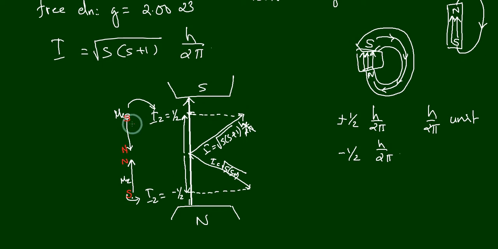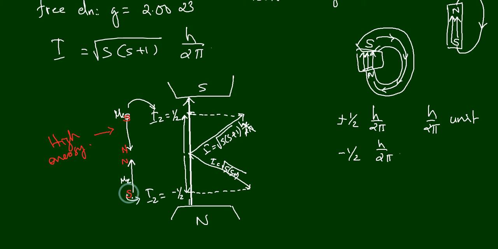Here, if you look at these magnets, the south pole of this magnet is near the south pole of the horseshoe magnet. So south pole and south pole will repel each other, and this will have a higher energy. So this mu Z corresponds to a high energy situation. And what about this mu Z?